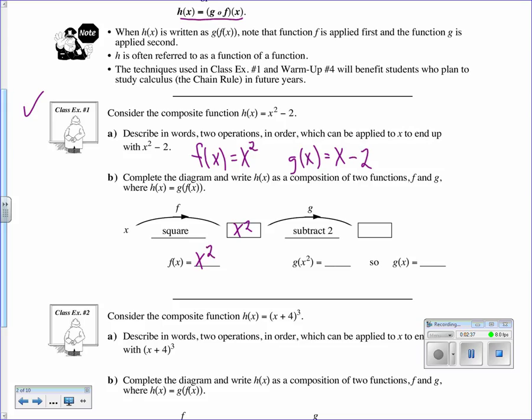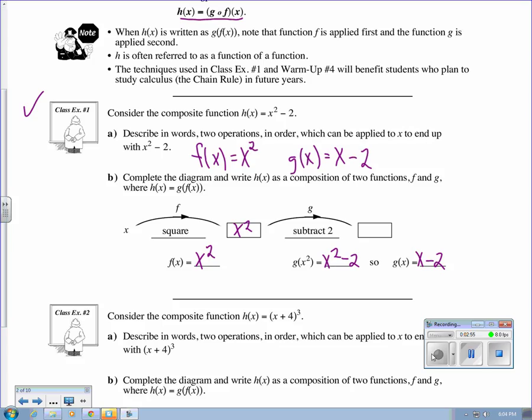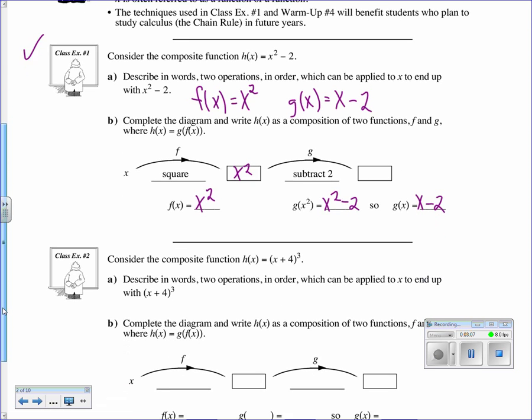The g at x has to take the x squared and subtract 2. I want g at x to take the previous statement and subtract 2 from it. So writing the g with an x statement, the language changes a little bit.